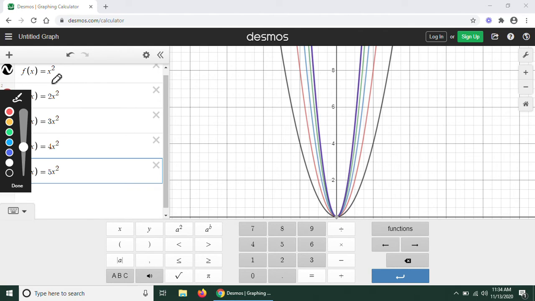Now, stretch. How does the word stretch fit into this presentation? Let me explain. Picture an elastic band. Let's say that the original graph is an elastic band.